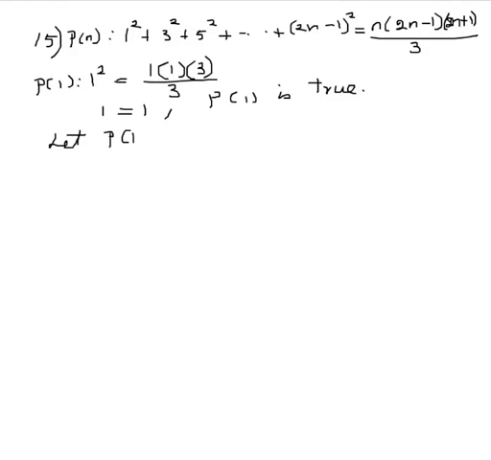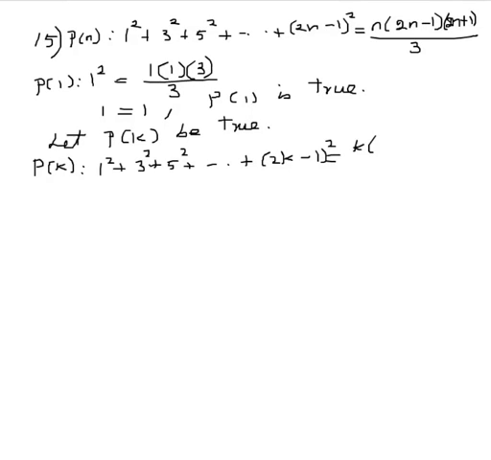Now let P of k be true. And the result is, P of k result is 1 square plus 3 square plus 5 square, etc. (2k minus 1) the whole square equal to, substitute n as k, k into (2k minus 1) into (2k plus 1) divided by 3. Now to prove, we are going to prove P of k plus 1 result.